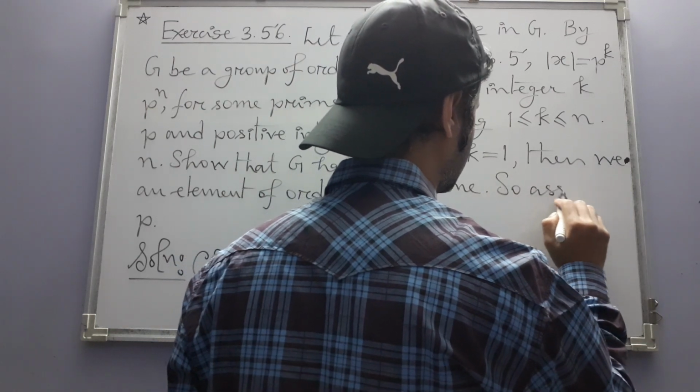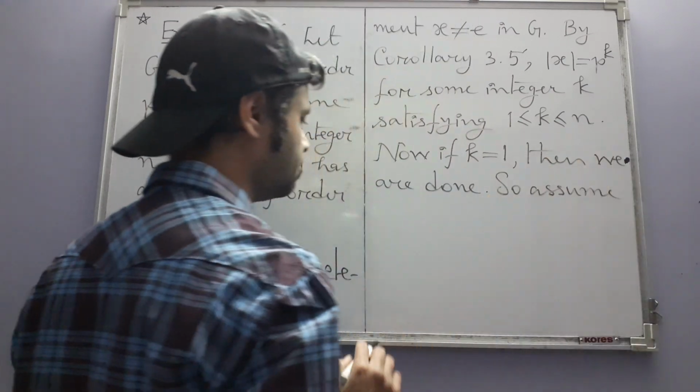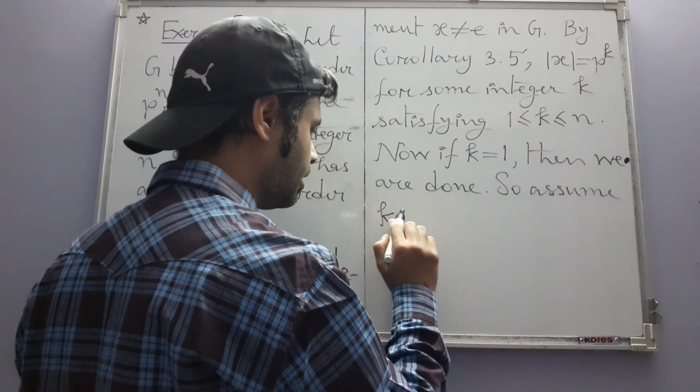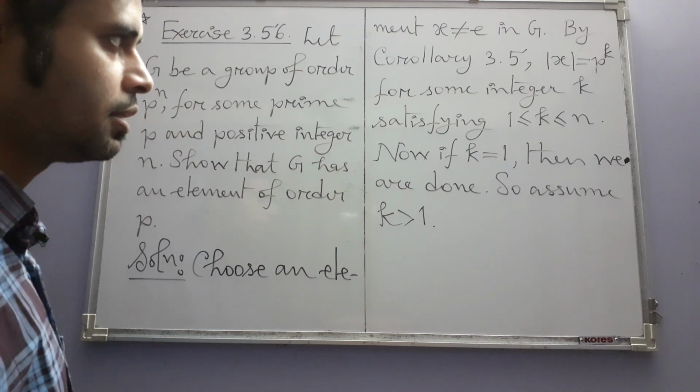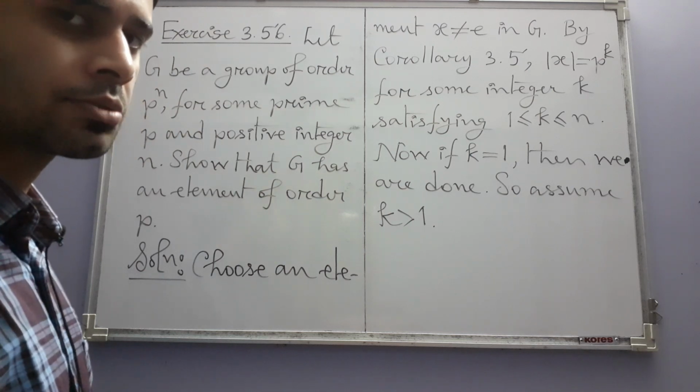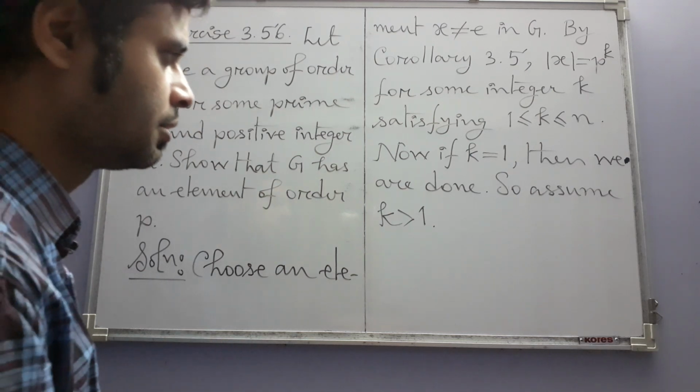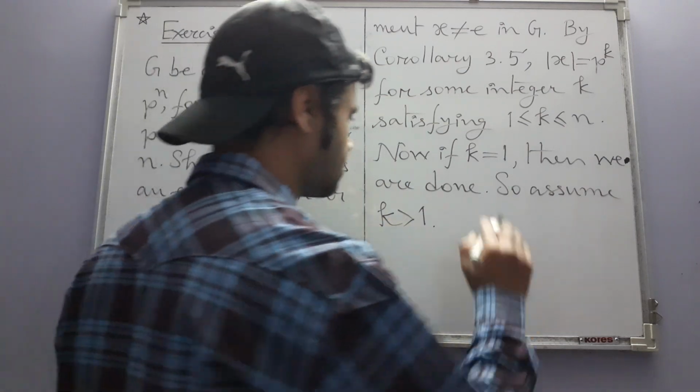So assume that k is strictly greater than 1. It's a positive integer, less than or equal to n, of course, but it is greater than 1. Now we are considering this case.